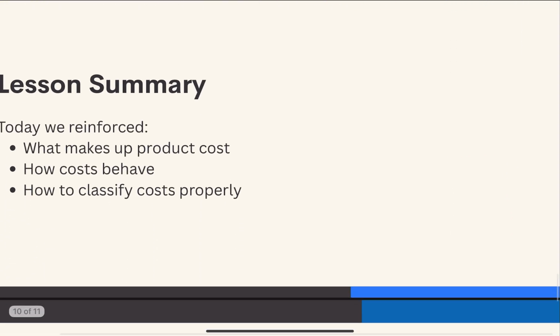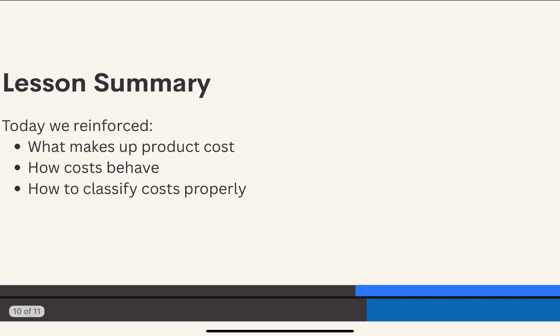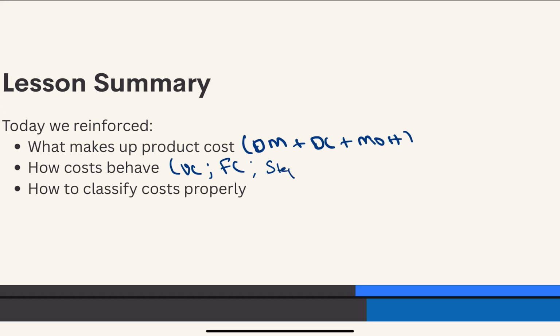And lesson summary. So basically what we reinforced is what makes up a product cost. And we said what makes up a product cost is direct material plus direct labor plus manufacturing overhead, right? Those are the 3 things that make up a product cost. How costs behave, we really focused on your variable cost, your fixed cost, and then we have step fixed cost, and then we had your mixed cost.